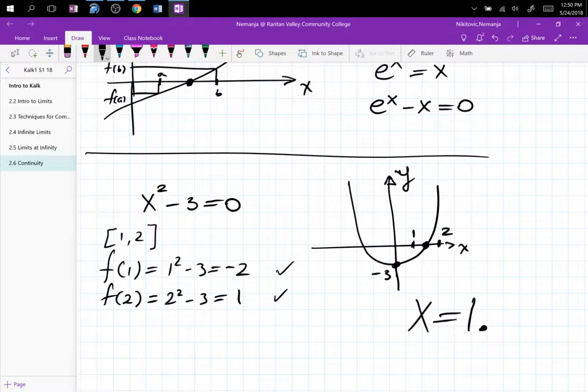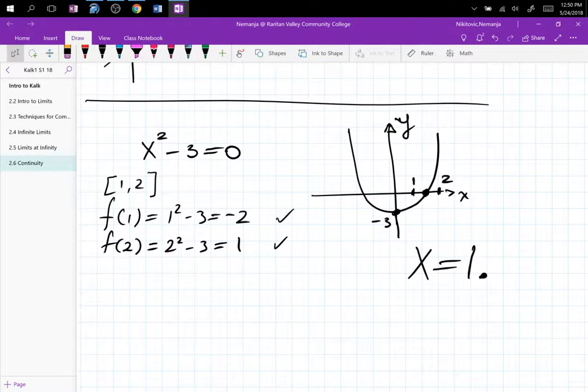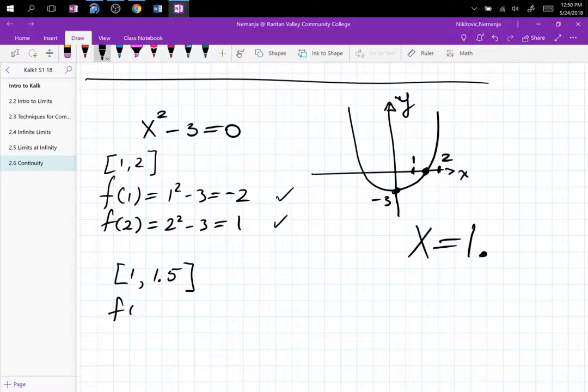So now you want to zoom in more. So you say, all right, let me try to go from 1 to 1.5. You cut the interval in half. You calculate f of 1, which you know is -2, and you calculate f of 1.5. That's 2.25 minus 3. See? So this is bad now. You see that?